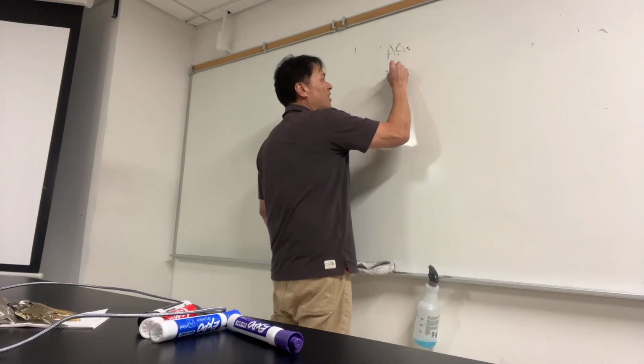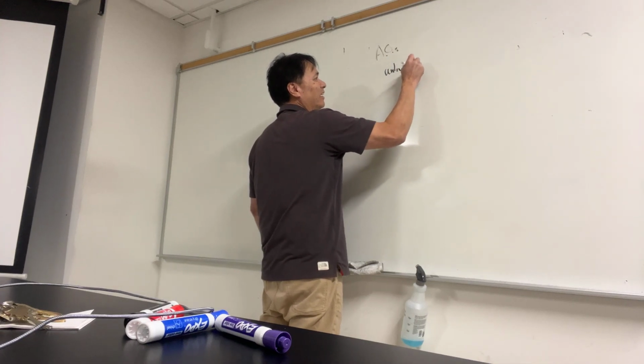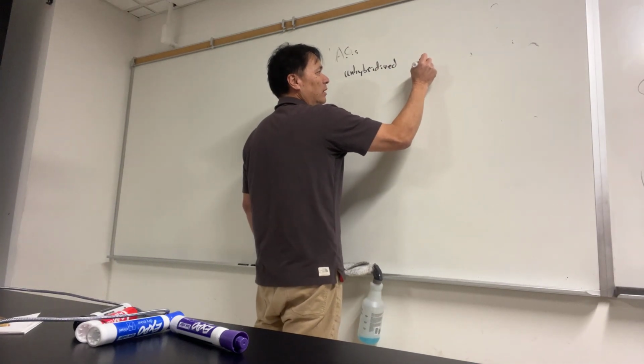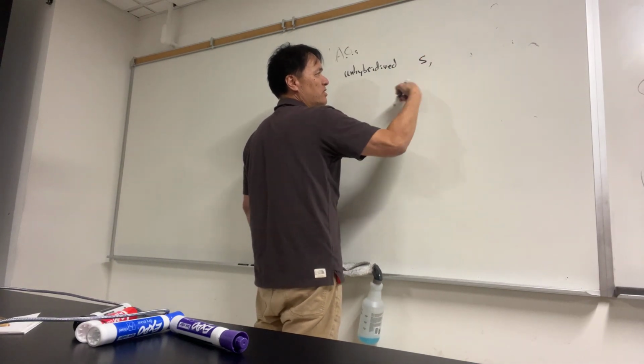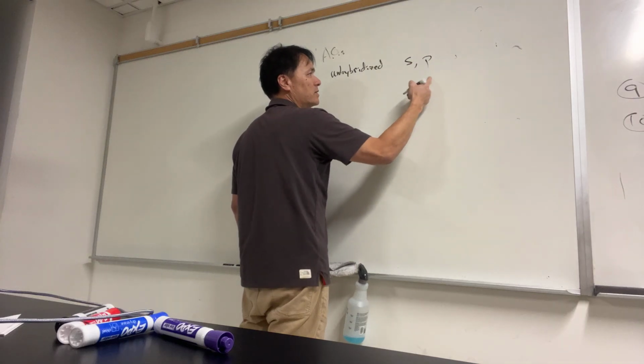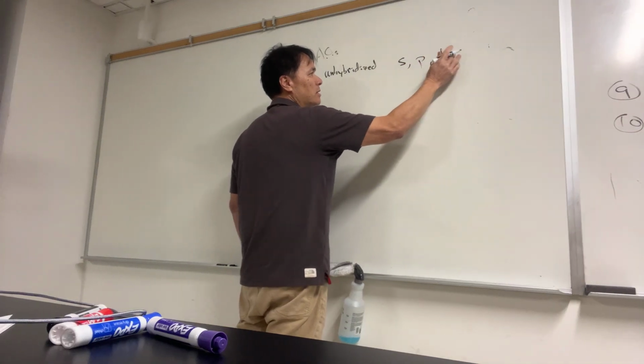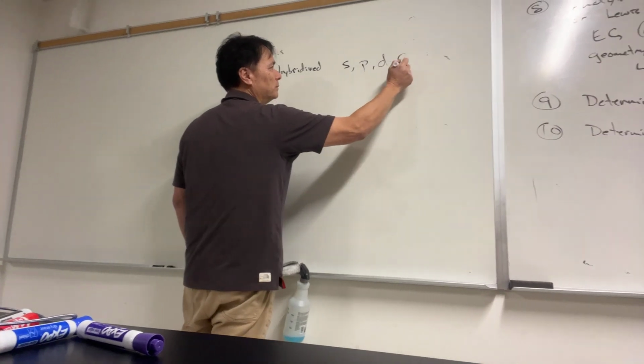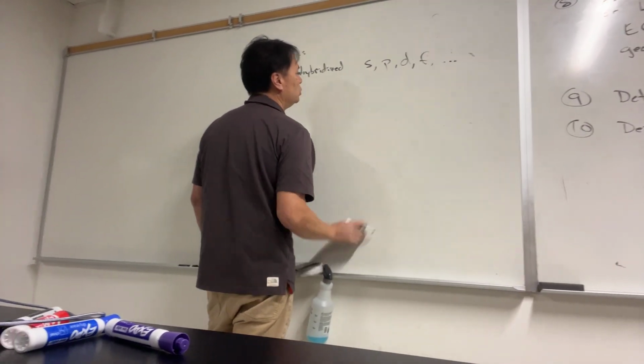These are called unhybridized AOs. The S atomic orbital, which is a sphere, the P, which is like a dumbbell, the D, which is like a clover leaf, the F, which is like multiple leaves, etc.